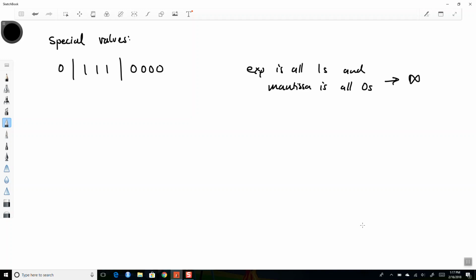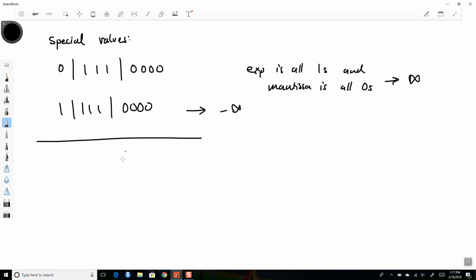So in R, if you get too big of a number, it becomes infinity. Right? And then, not -1, but if you have 1 and then all 1s and then 0s, so this would become negative infinity. So again, if the exponent is all 1s and the mantissa is all 0s, then you have negative infinity.